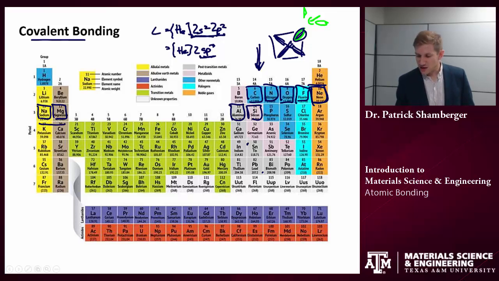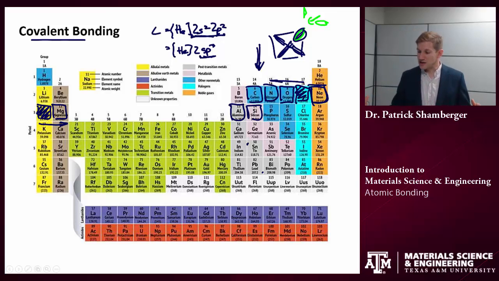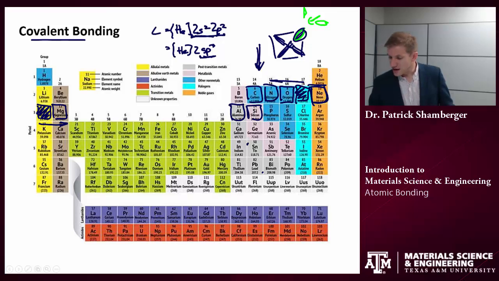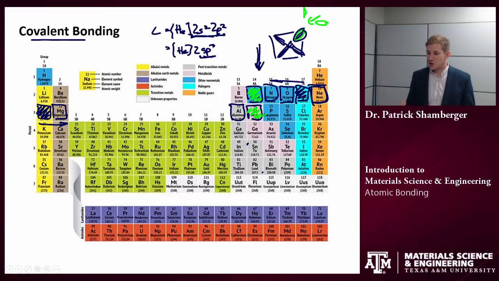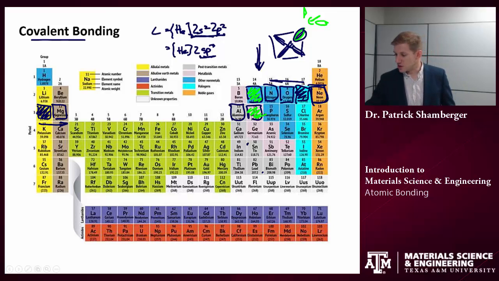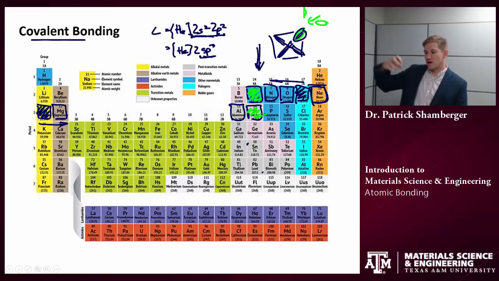So again, I'm moving this way with my cations and this way with my anions. I'm moving from things that have a very large difference in their electronegativity to things that have a much smaller difference in their electronegativity. So when I get to the silicon carbide case, those electrons tend to be shared rather than entirely stripped off and belonging to one atom rather than the other.